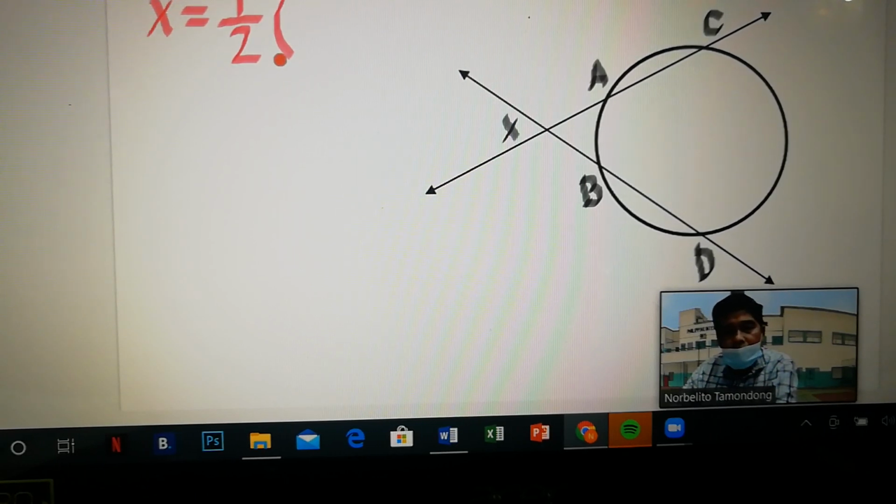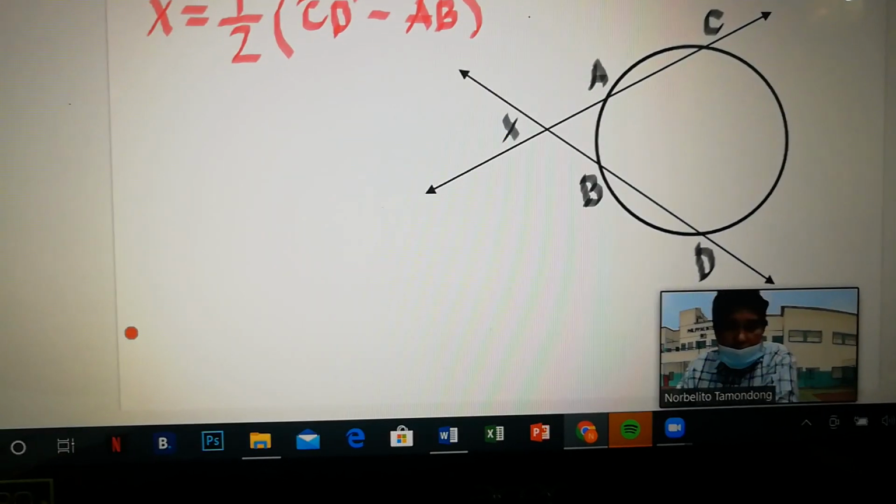Since it is a positive difference, you start with the bigger arc, which is arc CD, minus arc AB, so that your difference is already positive.